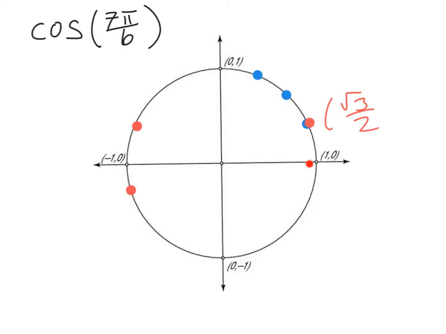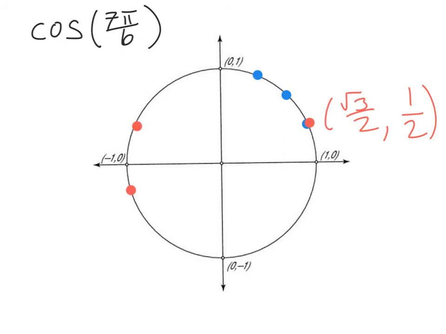You have to go all the way over here to the largest x value. This one's medium, this one's the smallest. So all the way over here, which is the largest x value, which is root 3 over 2. And then the y value that goes with it would be 1/2, because for the y value, when you're over here, this is the smallest y value, right? The smallest y value, medium y value, largest y value. So you know it has to be 1/2.